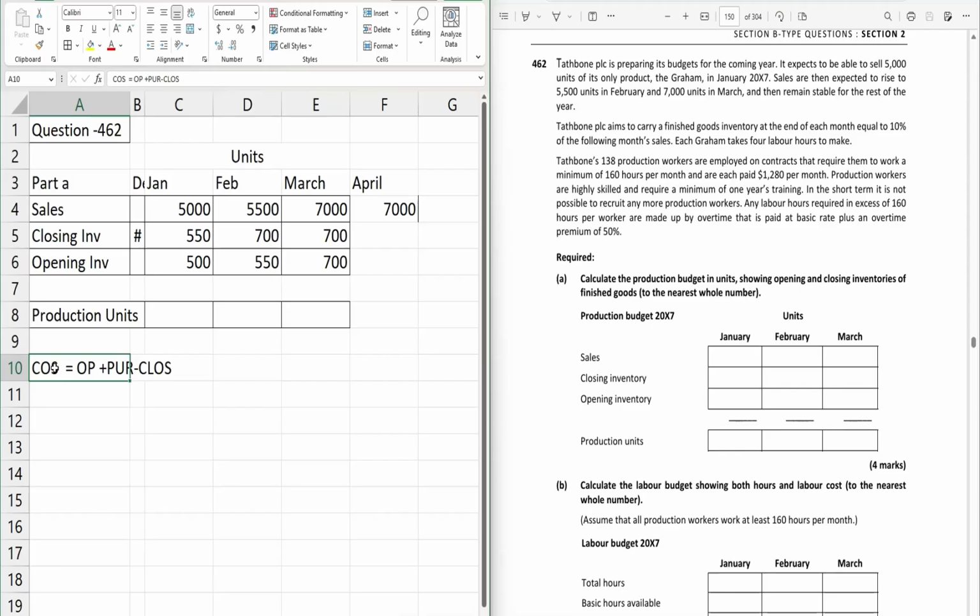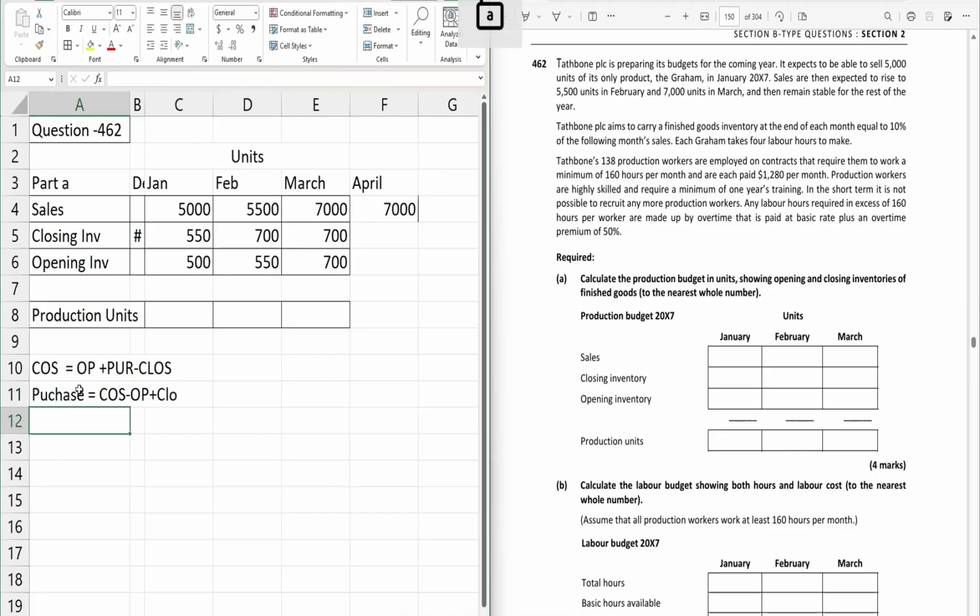It means whatever units we sold, what was the actual cost we incurred for those units. So the units we have sold is 5,000, so the cost of sales will be 5,000. Opening we already know, and closing also we know. By using this formula you can find out the production unit, and that means purchase equals COS minus opening plus closing.